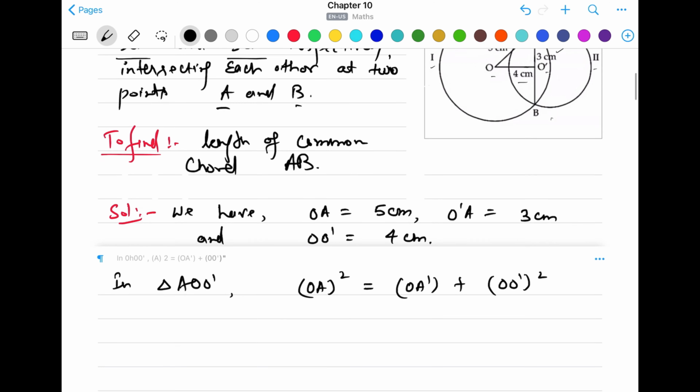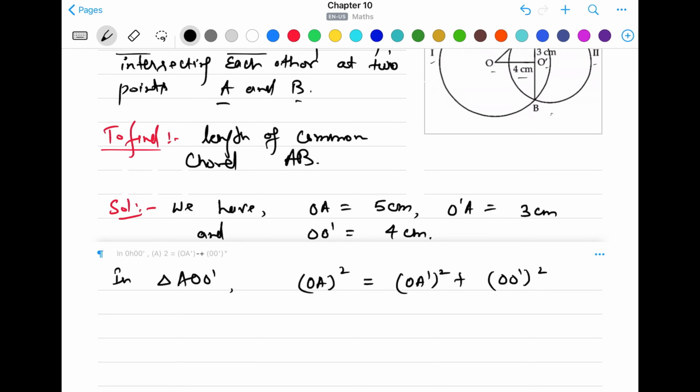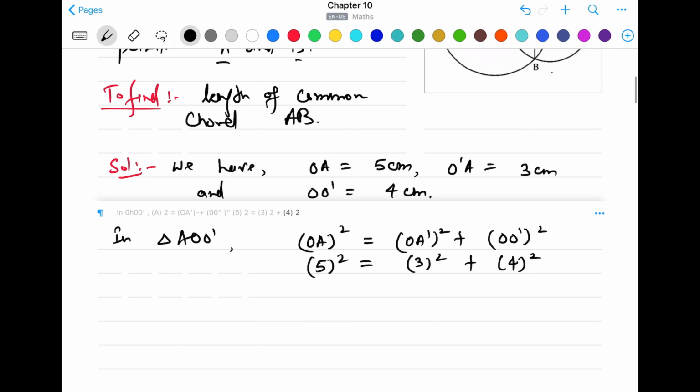That is, OA is 5 centimeter, O dash A is 3 centimeter, and O O dash is 4 centimeter. So 5 square is 25, 3 square is 9, and 4 square is 16. That means 9 plus 16 is 25. So these values are satisfying the Pythagoras theorem.